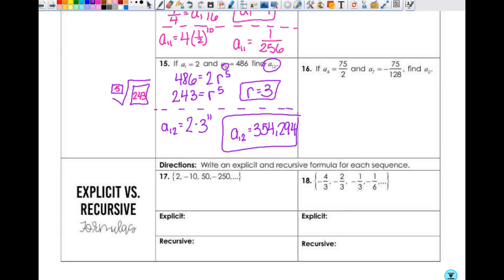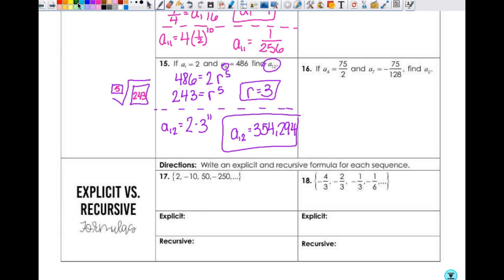All right. Now, 16 is even a little bit more different than that. A sub 4 and A sub 7 is what they gave us. We want A2. So I don't even have A1 or R, right? But here's the deal. We don't necessarily have to find A1, right?